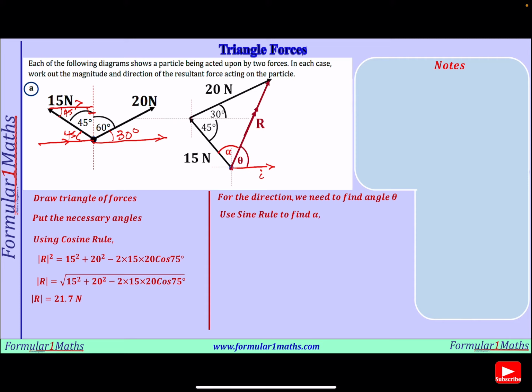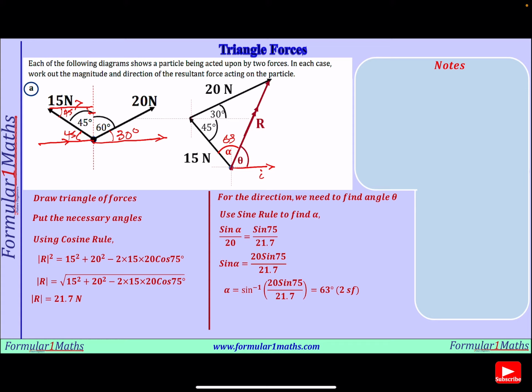We can do that by using the sine rule. So sine alpha over 20 must be equal to sine 75 over the R value that we got. Then we evaluate that, and we get 63. So this is 63.